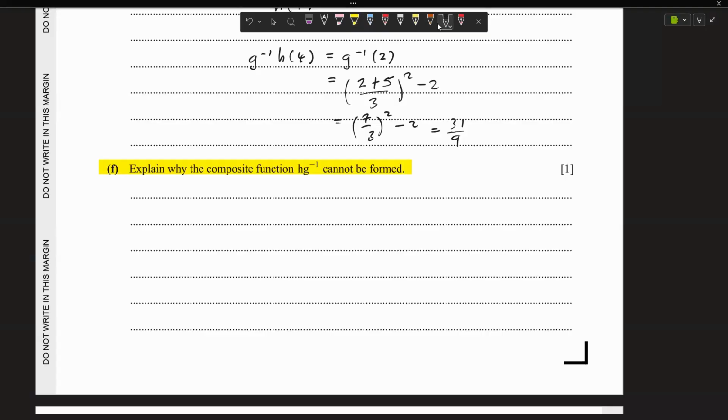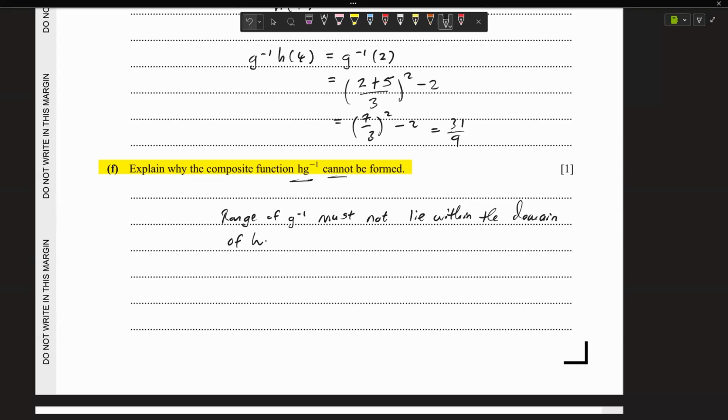All right, so for this to be formed, the range of g inverse must lie within the domain of h.